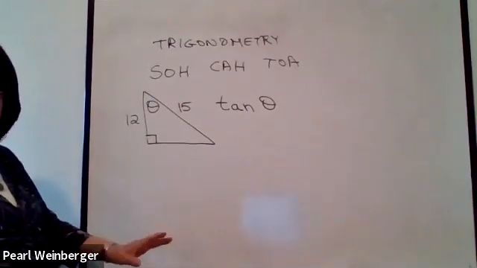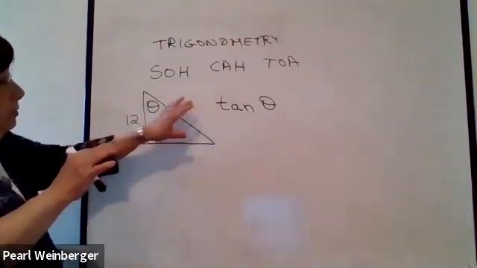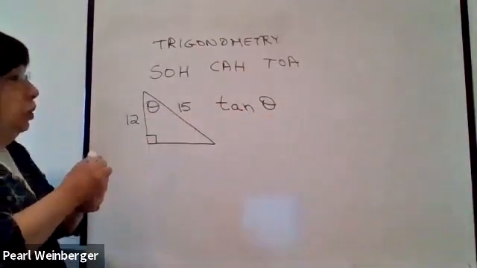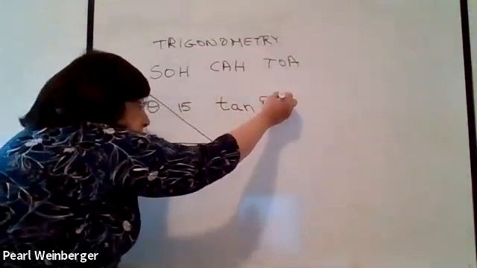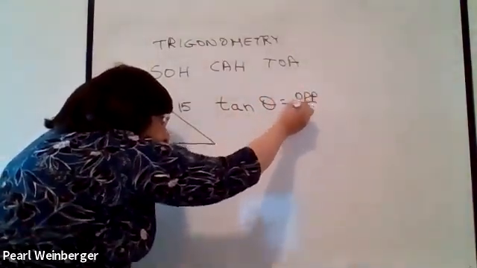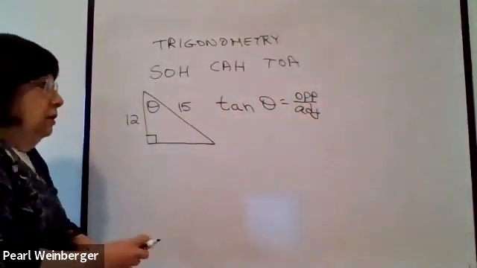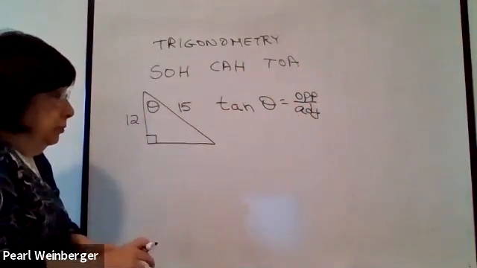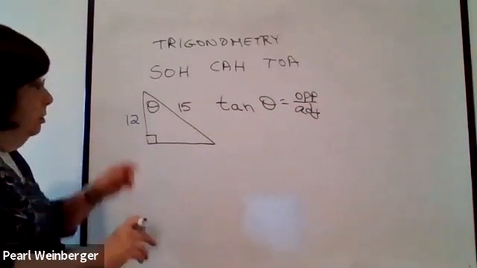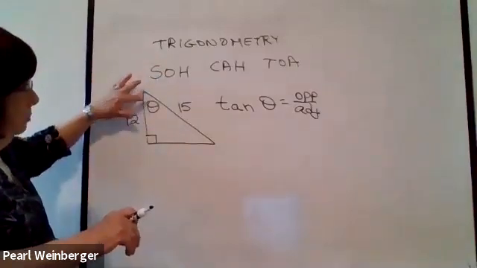All right, let's do this together now. Here's my triangle. I know the tangent is TOA. TOA stands for opposite over adjacent. So we always figure out what we're looking for, and then we label our triangle opposite, adjacent, hypotenuse.